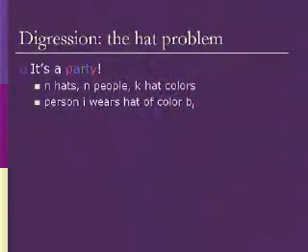So I'm going to talk now about a problem called the hat problem. You have a party, and you have n people and n hats that you pass out to these people as they walk in the door, and each hat has one of k colors. Let's say person i wears a hat of color b_i.